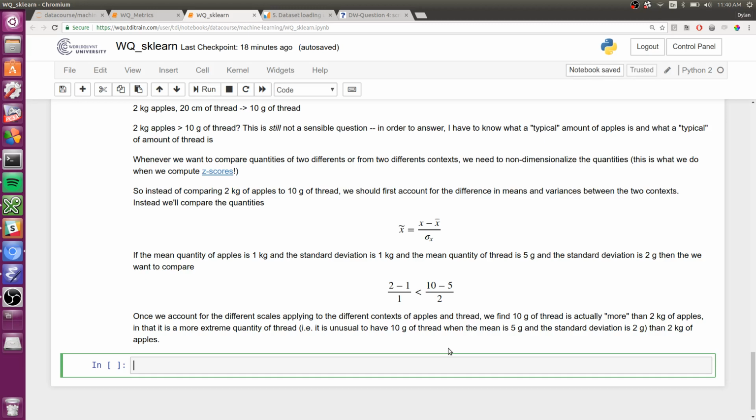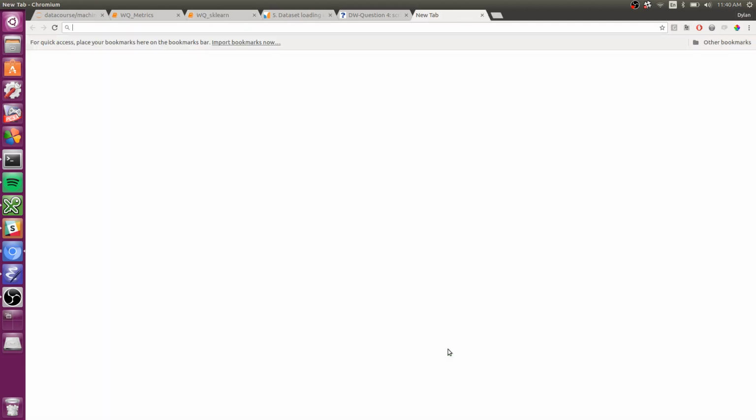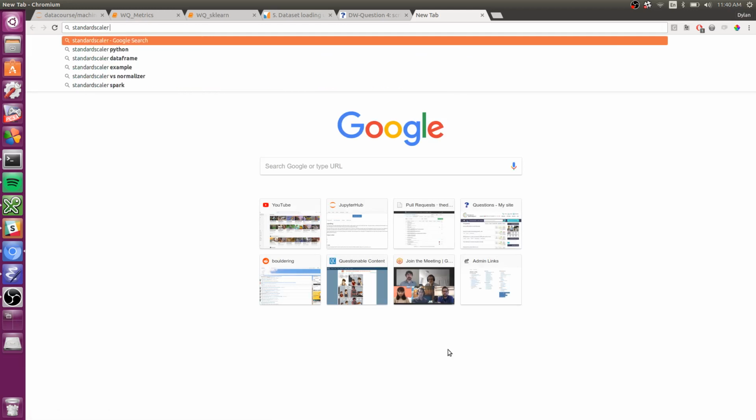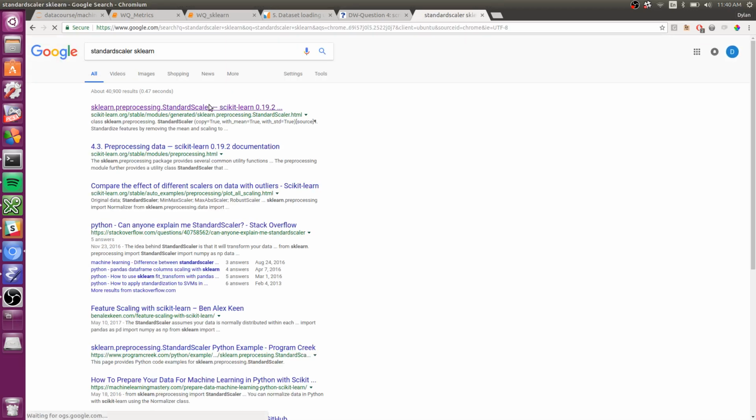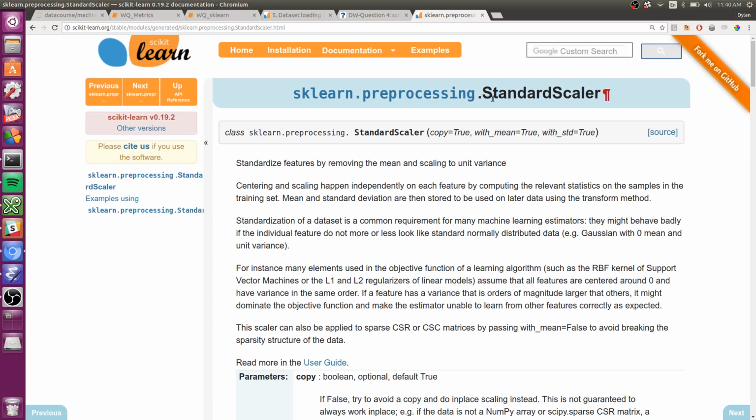And in sklearn, the way that we can do this is using the StandardScaler. The StandardScaler is part of the preprocessing module, and it standardizes features by removing the mean and scaling to unit variance.